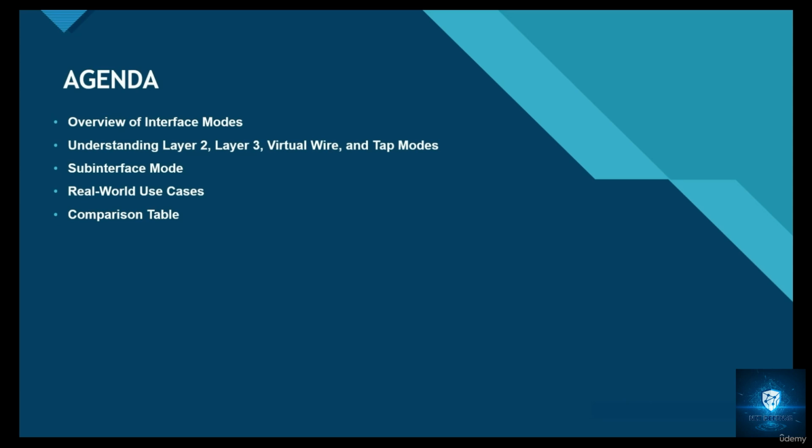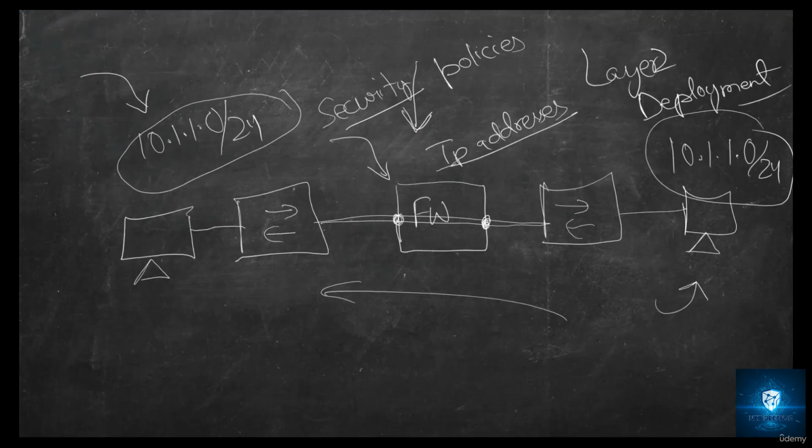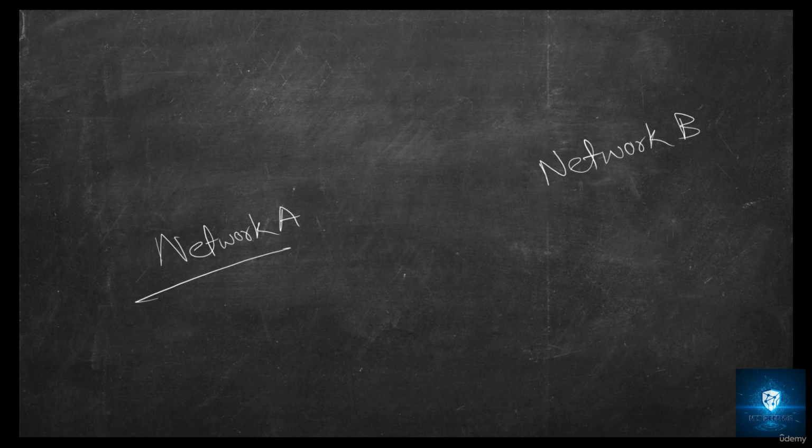Now the diagram would be simple. Let me clear this away. Okay, now in this case you would have a network A, and you would have a network B, and you would place this firewall, which would be in a vWire mode.